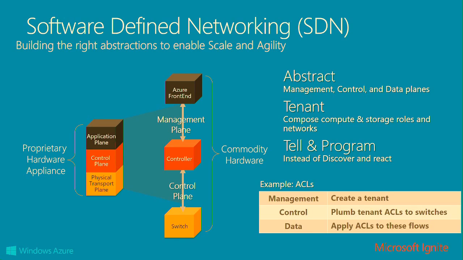And in SDN, basically we abstract the management, the control, and the data plane, so that, for example, if you want to define a security policy and say, hey, I want to create multiple subnets, you go and create your rules in the management portal, and that gets applied as an access control list in the Hyper-V vSwitch, which is where your VMs are connected.